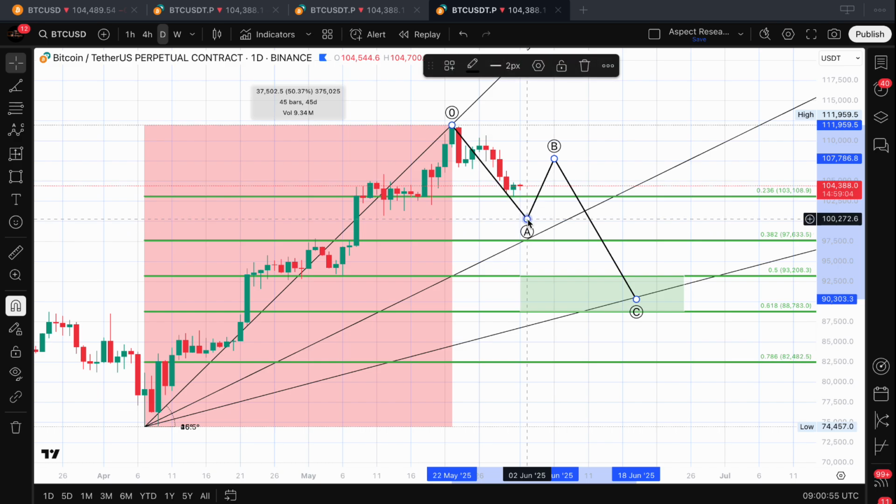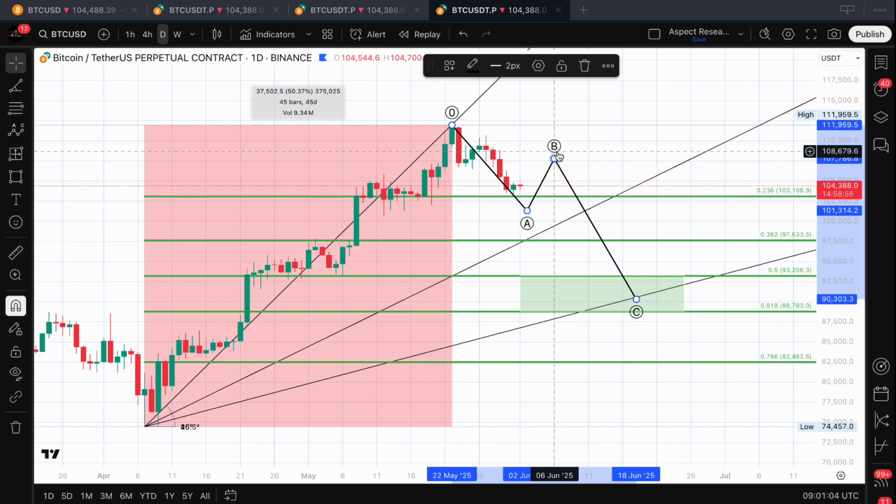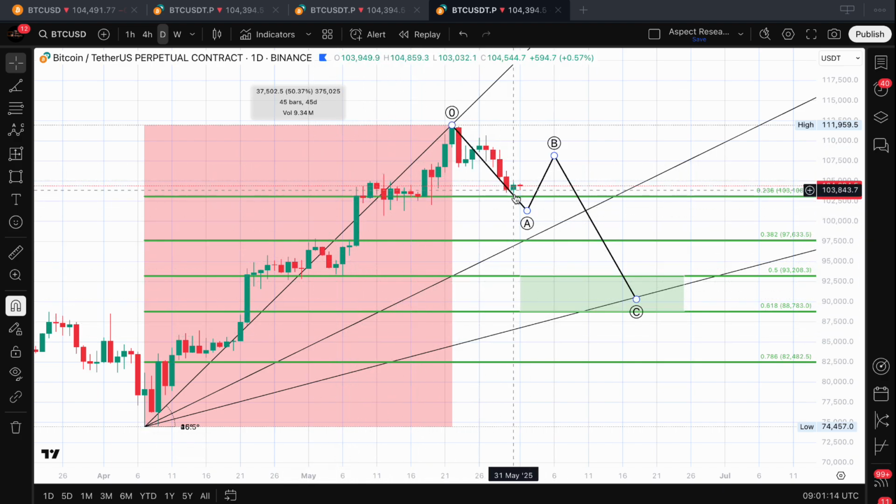If you follow me on Twitter, you know that I'm expecting 102K, more or less 102, 103, then a relief rally, and the final flush to the downside. So, what these trend angles are going to do is serve us as possible points in which the price will find support.